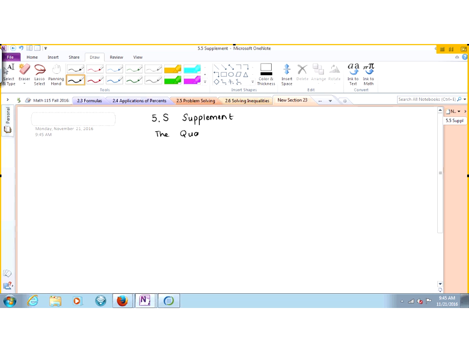This is the quadratic formula. Why do I need the quadratic formula? Sometimes I cannot factor or it's too big. So that's why we need this quadratic formula.